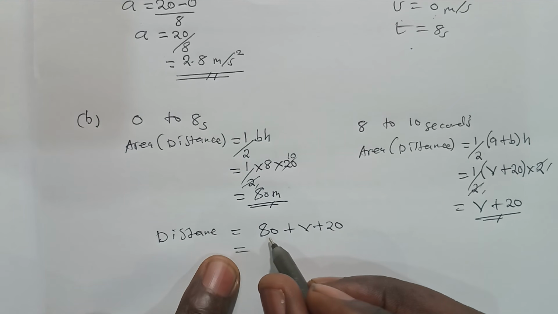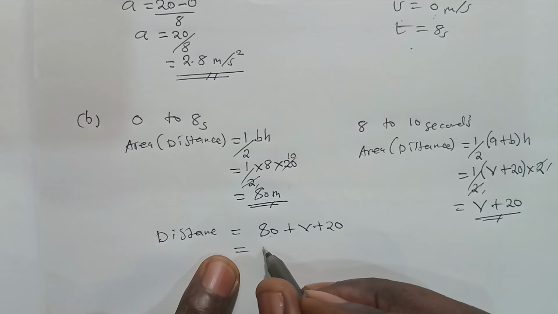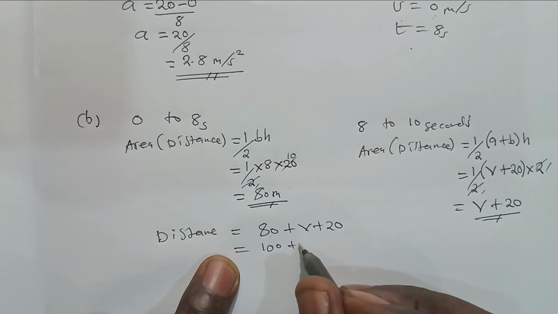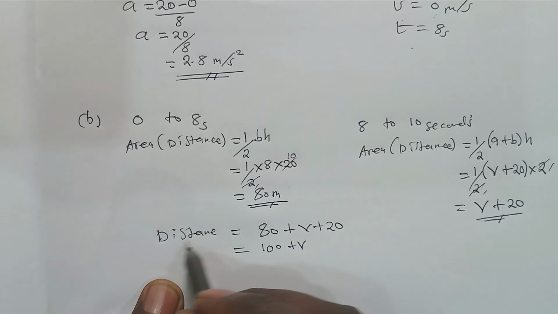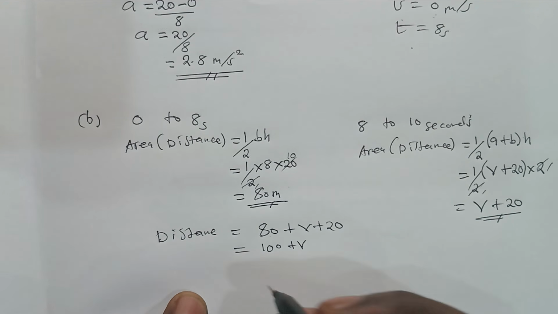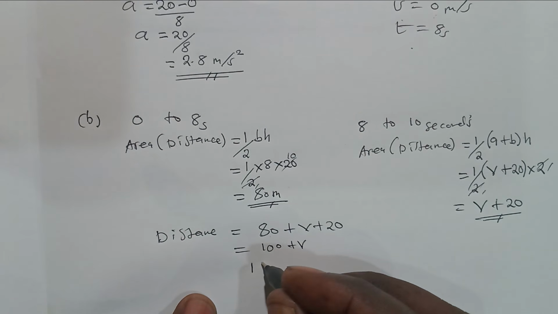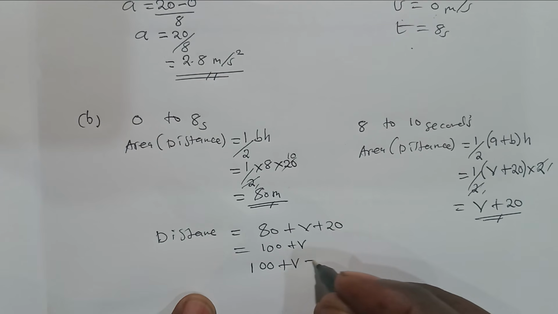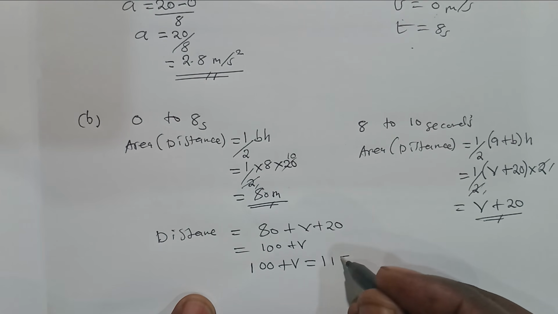Simplified to 80 plus 20, we are going to have 100 plus V. Now this distance has been given as equal to 115. So we are saying 100 plus V is equal to 115.